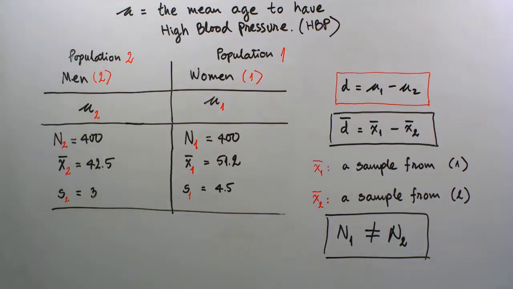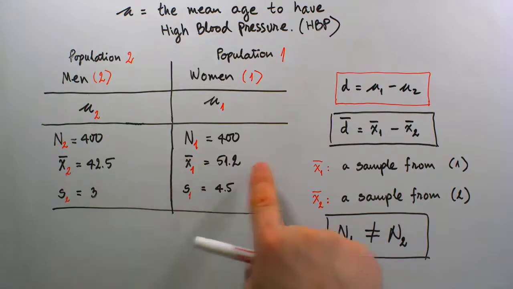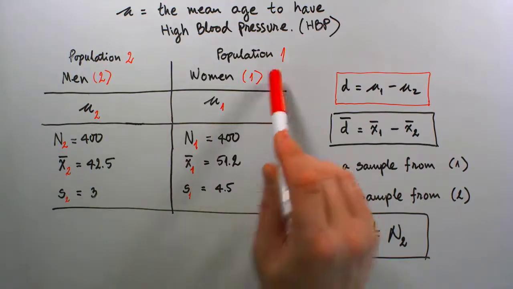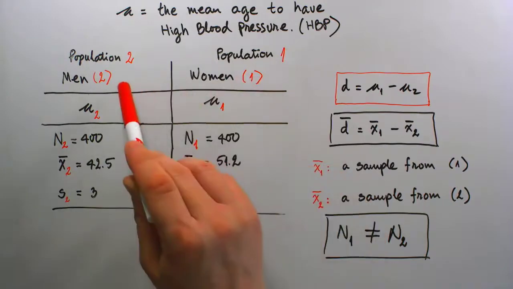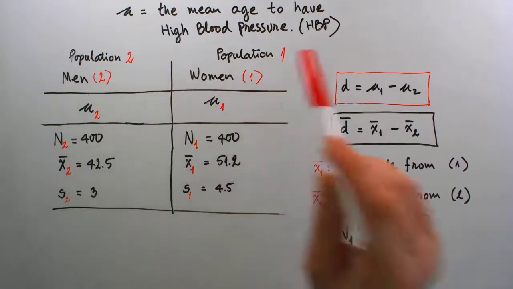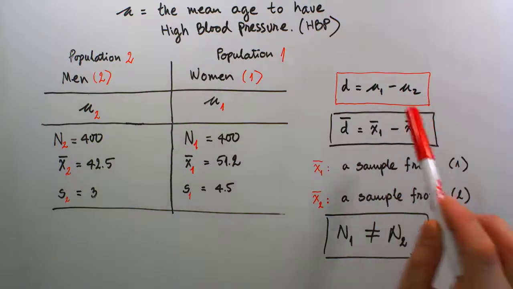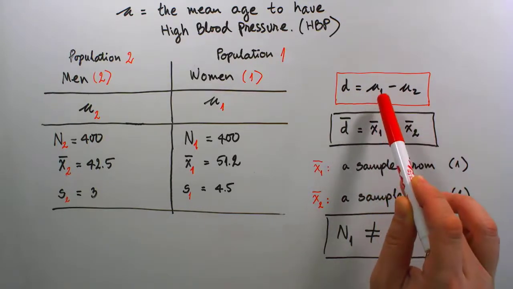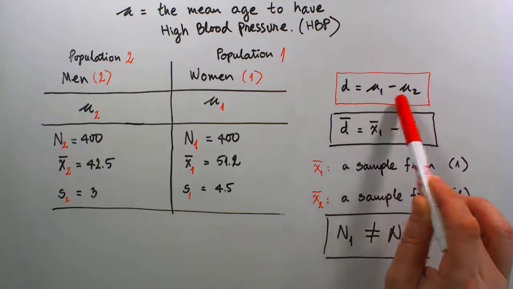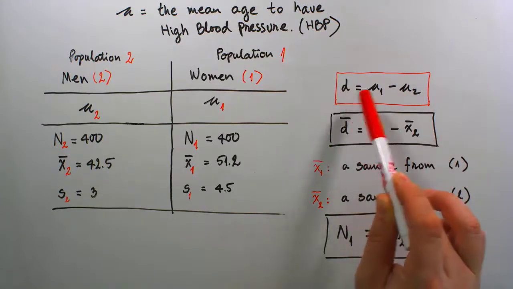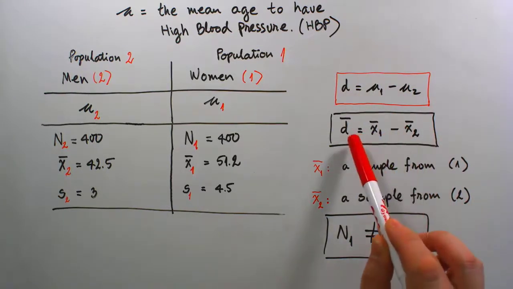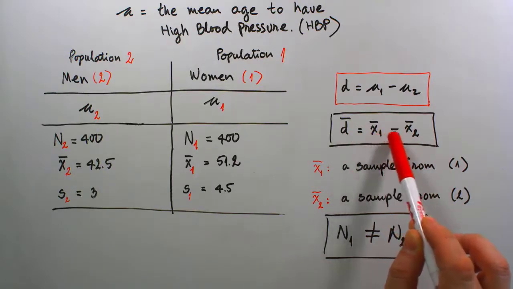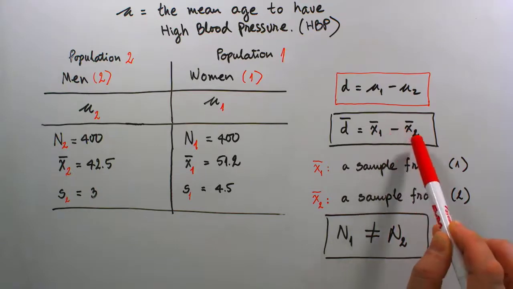But again, just like I explained in the general discussion, it doesn't matter how we decide to give the numerical labeling conventions. The definition for the difference in mu1 and mu2 remains exactly the same. We always want mu1 minus mu2 to equal d, and we always want to define d bar as the difference of the sample mean from population 1 minus the sample mean from population 2.